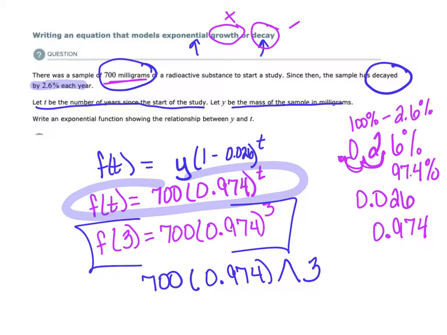Now, should we have a number larger than 700 or smaller than 700? So think about that. Should I have a number bigger than 700, because that's what I started with, or smaller than 700? And then I want you to think about why.